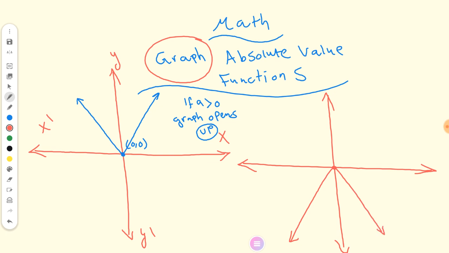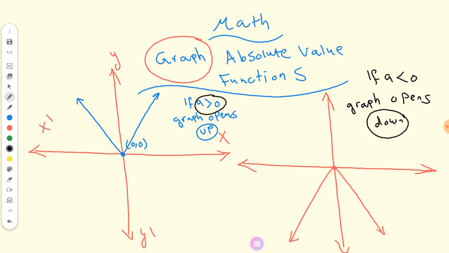If A is less than 0, then the graph opens down. Again, if A is more than 0, then V will be up. If A is less than 0, then V opens down.